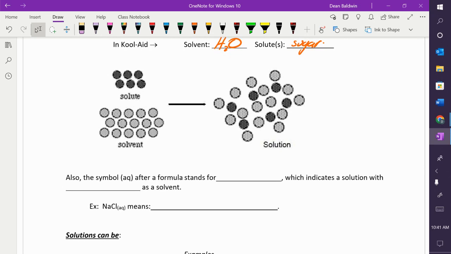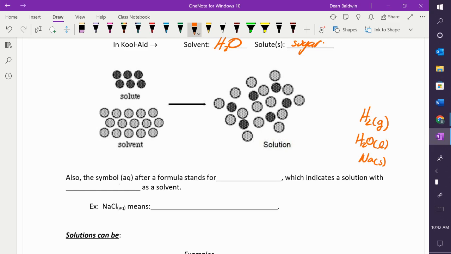So when we write things, we can write H2O and I write a G. What does the G mean? Gas. If I say water and I put an L there, what does the L stand for? Liquid, right? If you write, just to be complete, NaCl with an S, what does the S stand for?